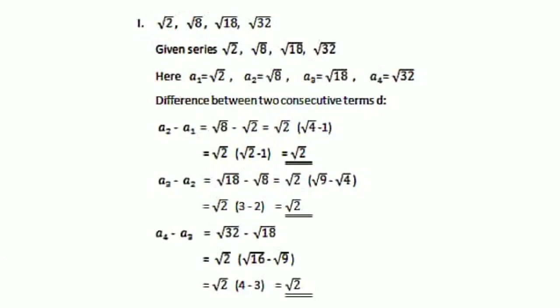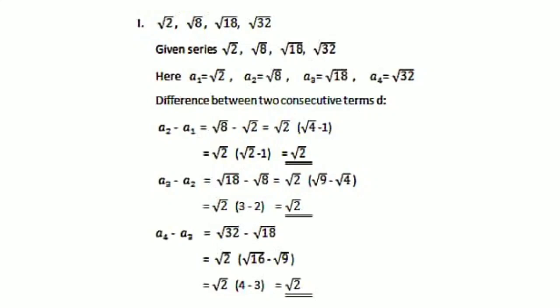Root 9 is 3 and root 4 is 2, so root 2 into 3 minus 2. 3 minus 2 is 1, so root 2 into 1 is equal to root 2. Here A2 minus A1 is root 2 and A3 minus A2 is equal to root 2.